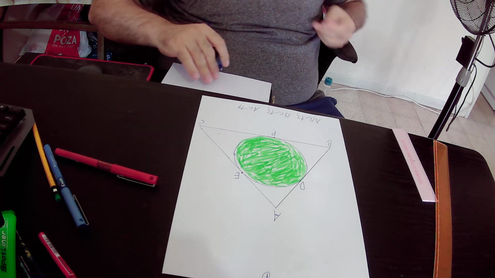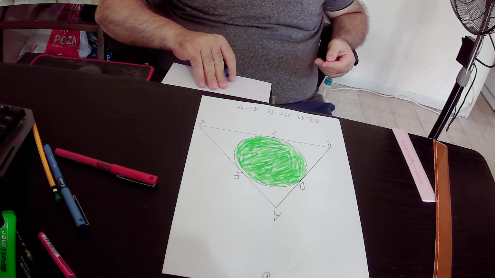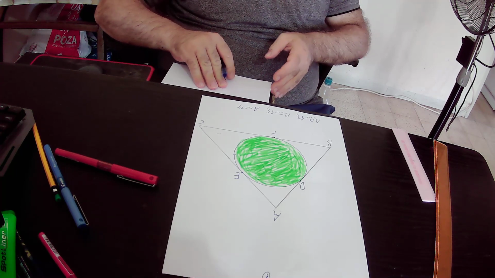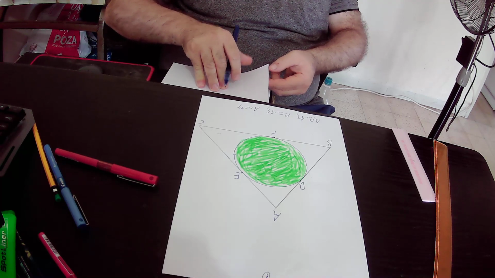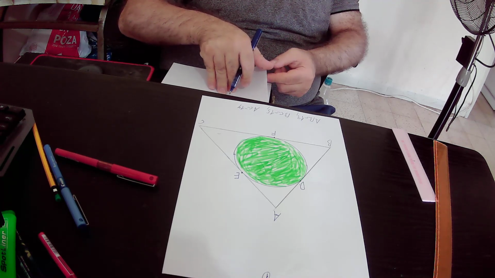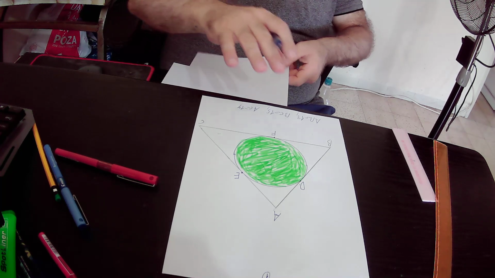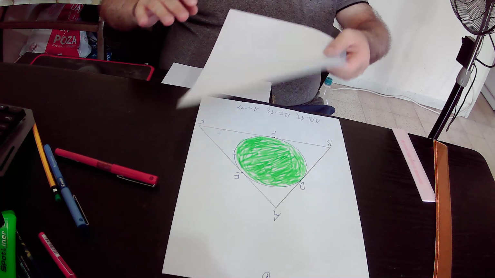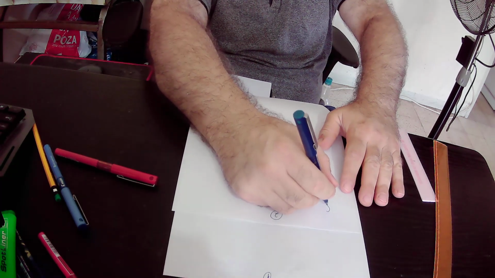Okay, and in the next step, we will define a new term, the semi-perimeter of a triangle. So what is the semi-perimeter of a triangle?